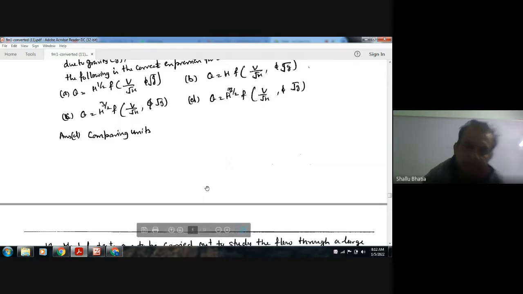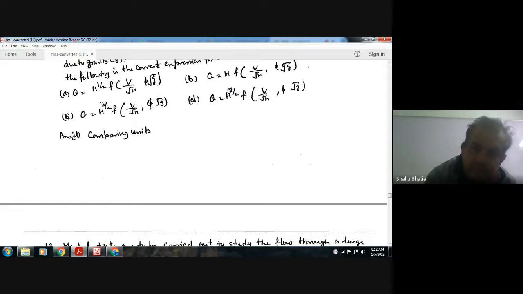Here you can see that the value of V is root gh, and root h will cancel out. Then we have root g. Here also we have root g. So this is 5.